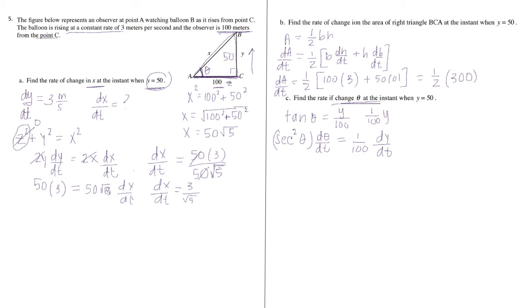So if cosine is adjacent over hypotenuse, which would be 100 over that 50 root 5, well then the reciprocal of that is 50 root 5 over 100, and that's all squared times d theta/dt equals 1/100, and the rate of change of y that was given to us earlier is going to be 3.